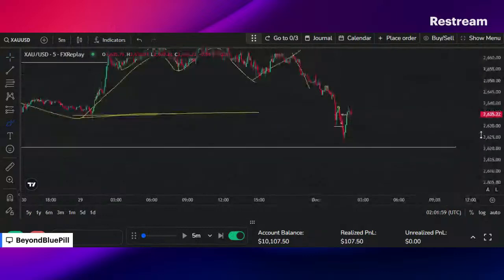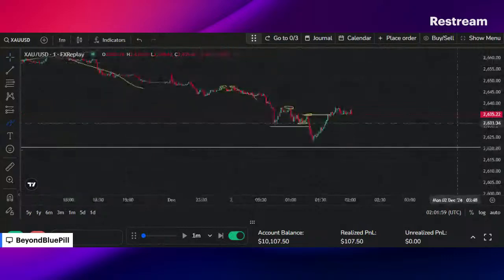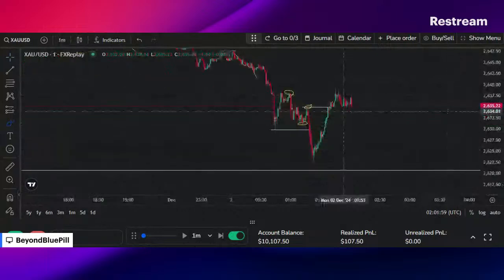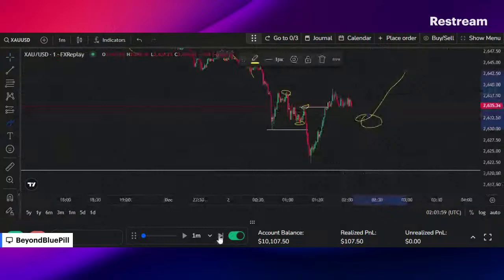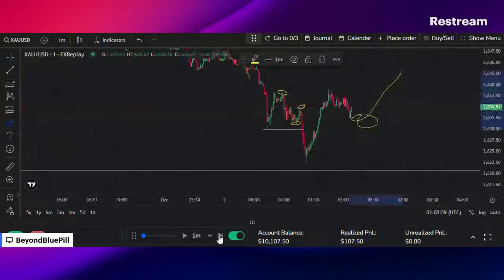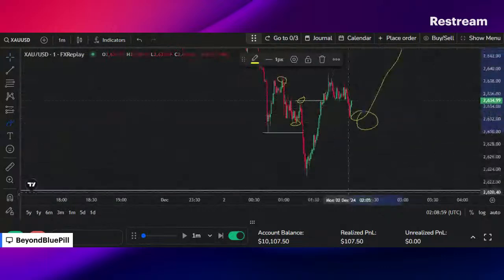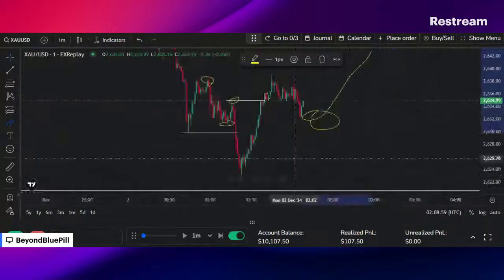I'm still bullish on this. This seems like a trap. So I'm expecting higher prices, right? But there's nothing that tells me that price needs to go higher. Here, what do I need?